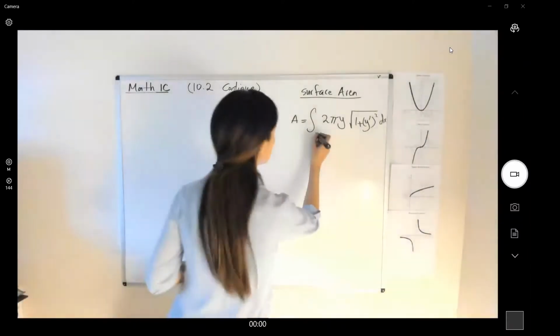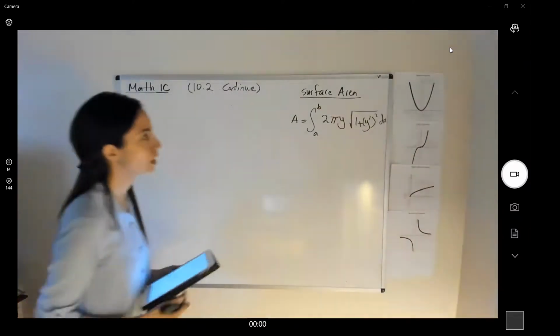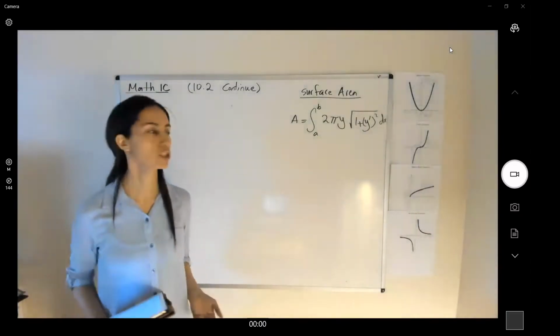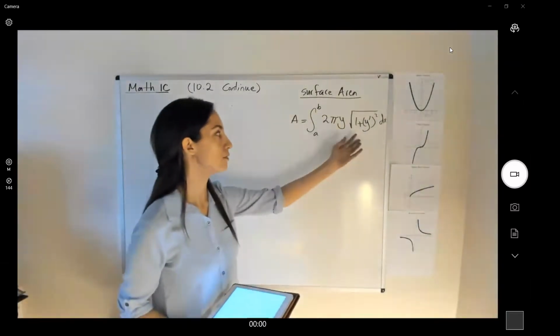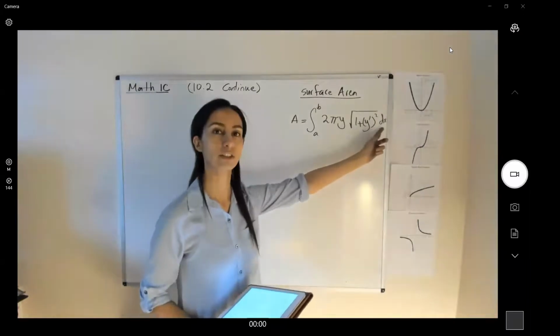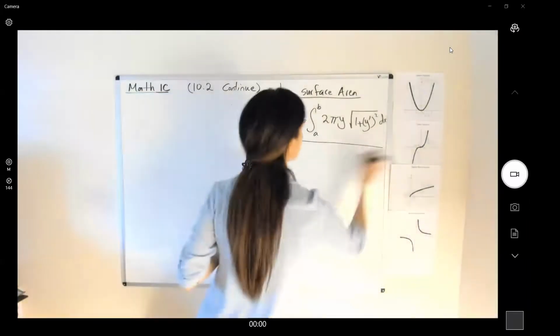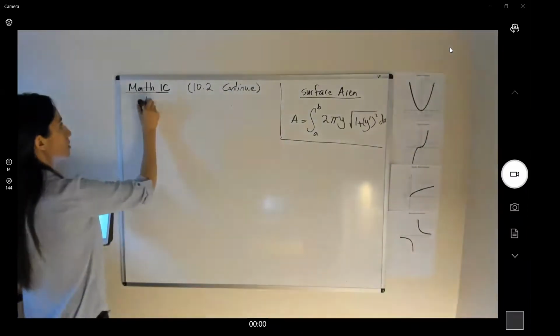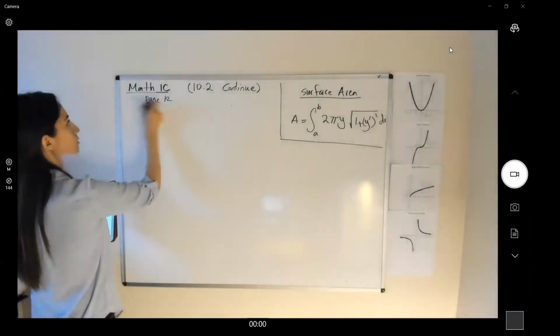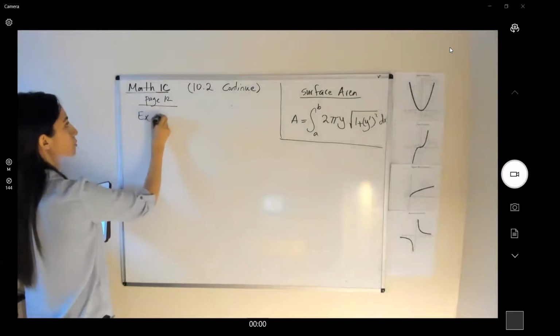Now suppose it ranges between a and b. Then we have parametric equations. We identify our y, we take the derivative, and we take the derivative of x, and we calculate the surface area. So on page 12, let us go over one example.